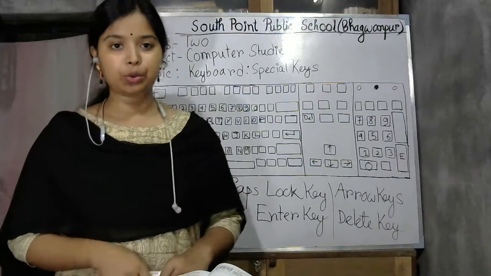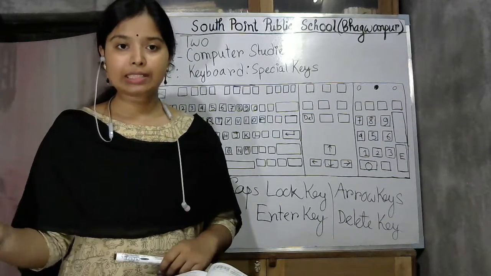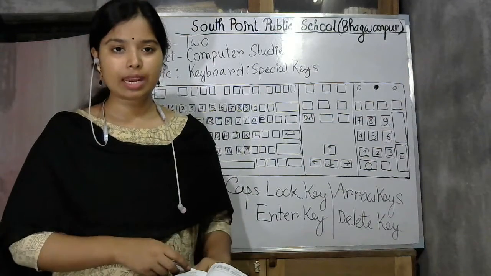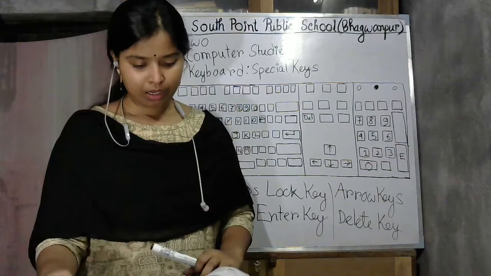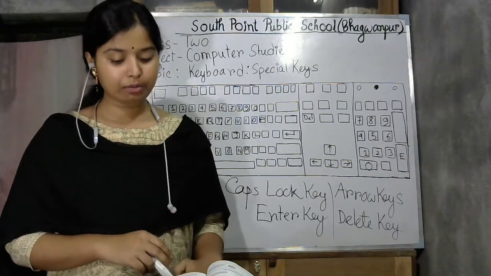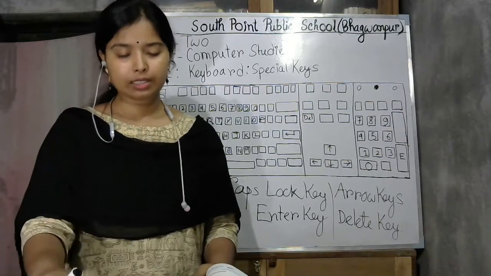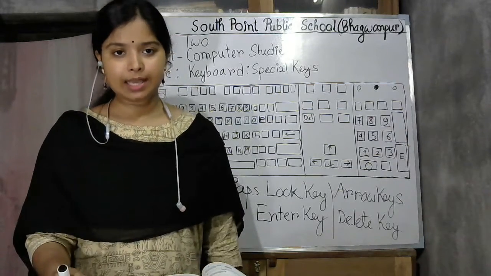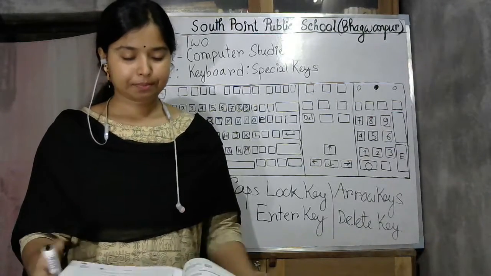If we want to delete some letter or number to our right side, then we can use the delete key. Delete key is used to delete characters, letters, numbers, or symbols to the right side of a cursor.